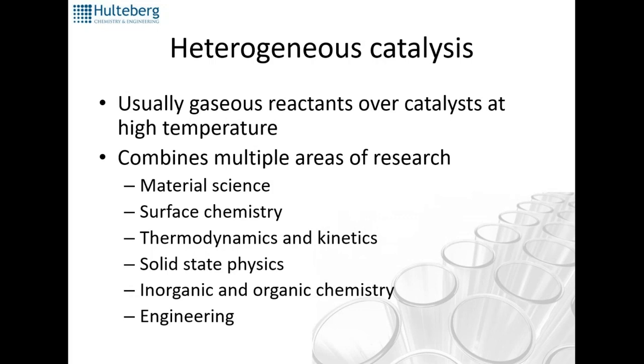You have material science, surface chemistry, surface science, thermodynamics and kinetics, solid state physics, inorganic and organic chemistry, but also engineering aspects that are important to understand the phenomenon of catalysis and transform it into something that is useful to industry.